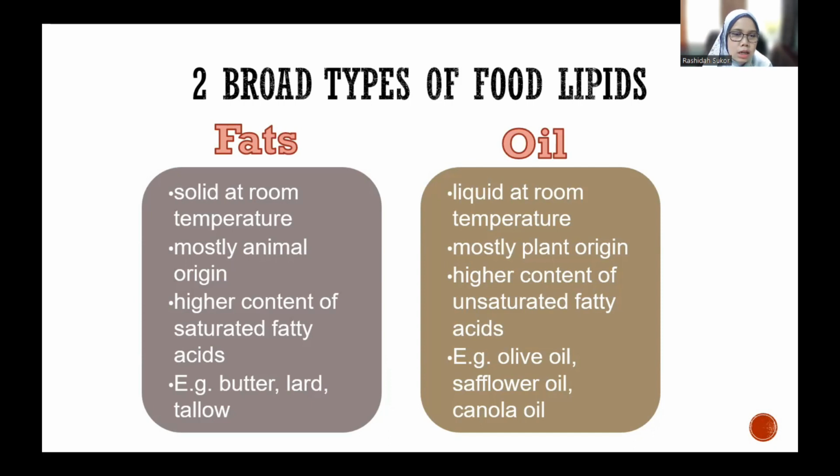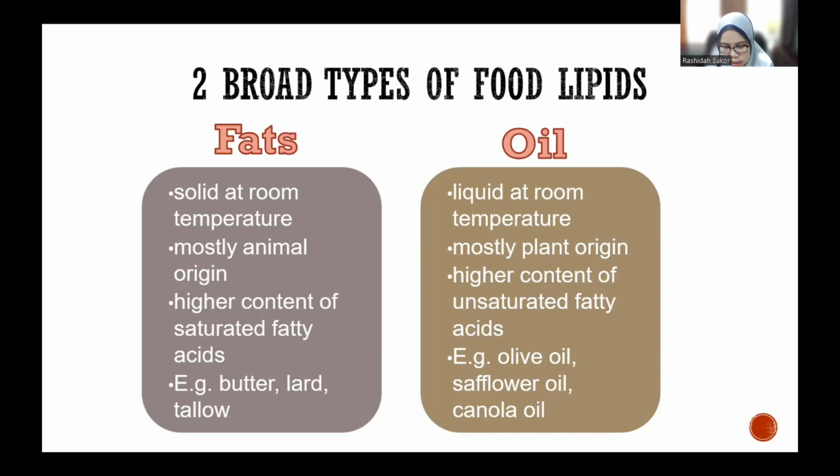Normally when we want to spread it on bread, we want to be able to spread it directly when we take it out from the fridge. After a while, if you leave the spreadable butter at room temperature, when you open it, it will become more oily. Consumers don't like that kind of texture. So this is what manufacturers have been doing.